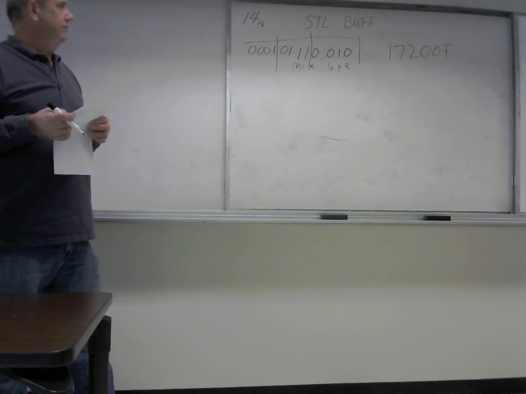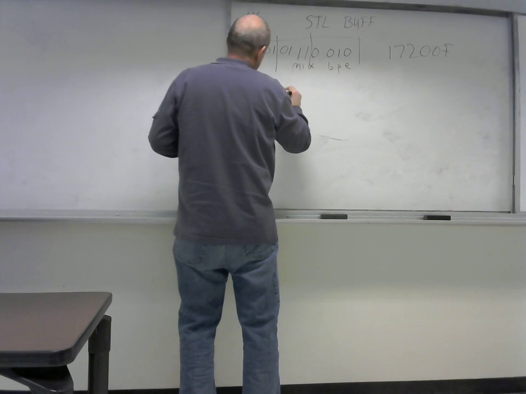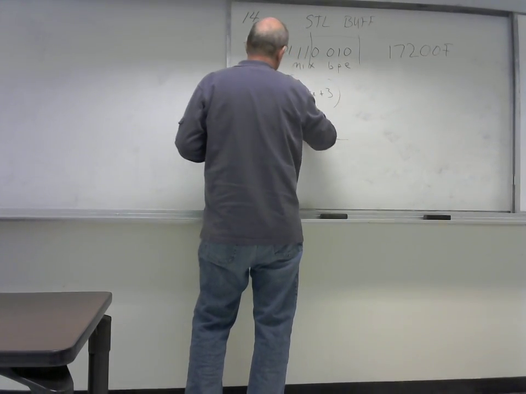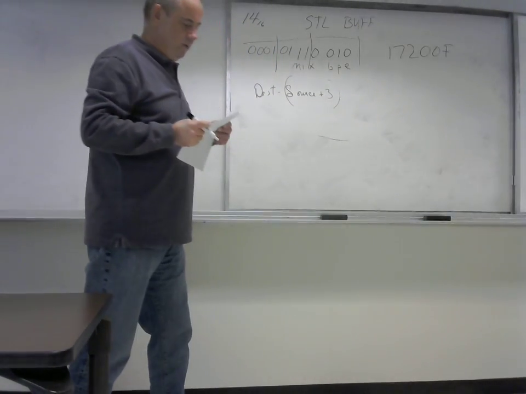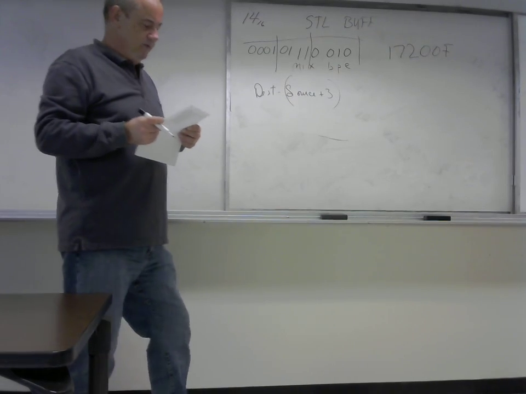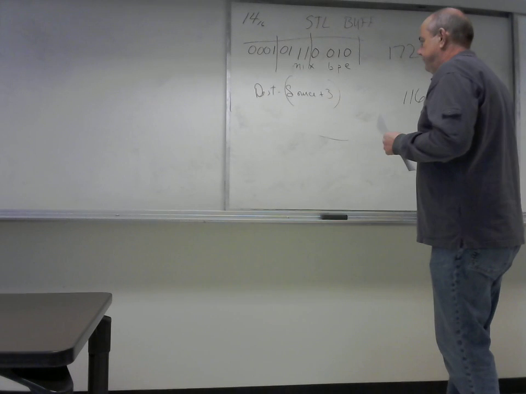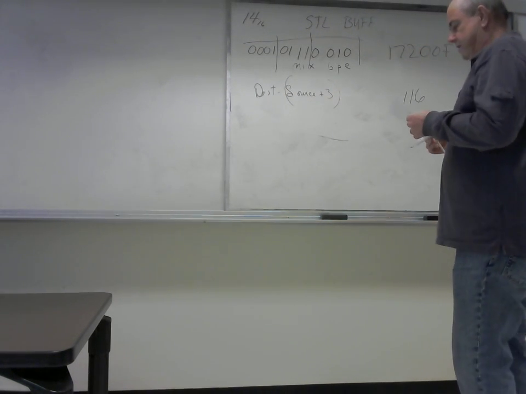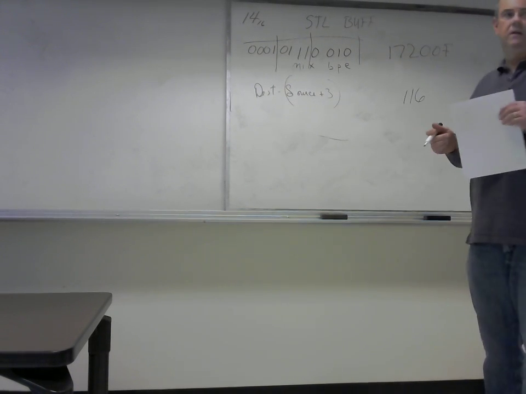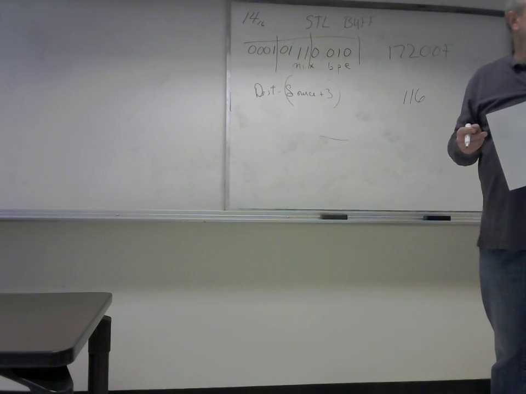Shall we check it? How did we get that number? Okay, STL buff. So the formula is destination minus source plus 3. So the destination, what we're going to go to and read, is buff. And the address of buff is 116. I'm leaving off the leading zeros here. And the source, STL buff, is at 104. So plus 3 is 107, right?